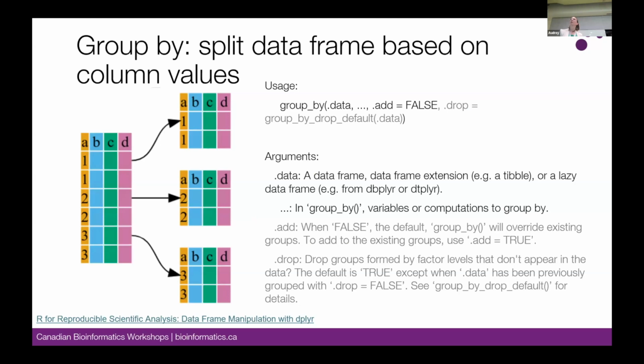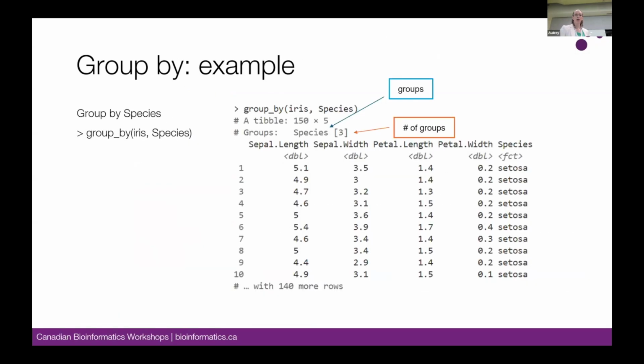To go to a slightly more complex function, you have group_by. The point of group_by is to split your data frame into multiple sub data frames based on values within a column, such that you can then do an operation on each of them. If we want to group by the species, we have 3 different species within our object iris, and we want to split it in 3 to later do something about it.